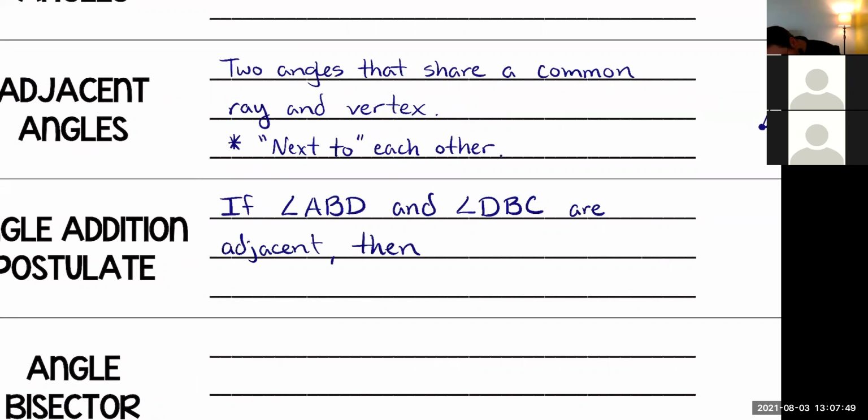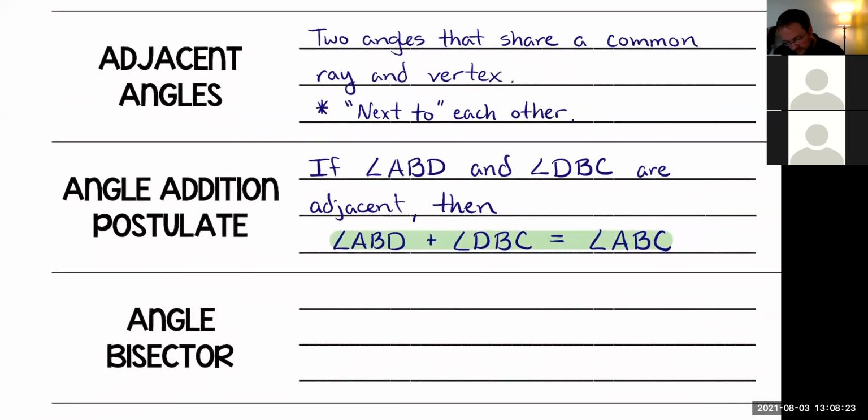Then we could say that angle ABD plus angle DBC will equal the big angle, which we'll see here in just a moment, ABC. I like that here, so it sticks out a little bit more. It's also important that you recognize they have to be considered adjacent angles. So I'll leave that there for just a second while you're writing that down.